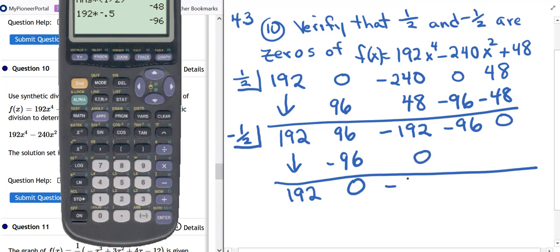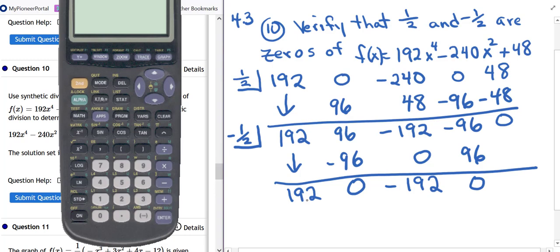And that gives us -192, times -0.5, which is +96. And there is our 0. It will end here this time. And so that verifies by synthetic division that -1/2 is a 0.